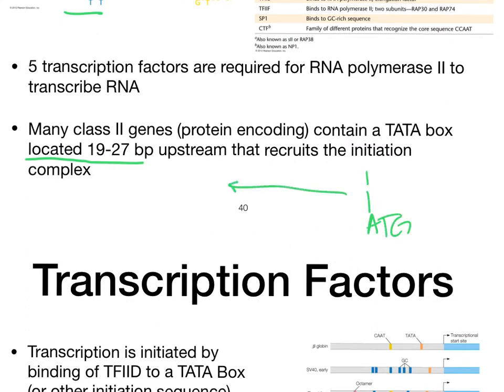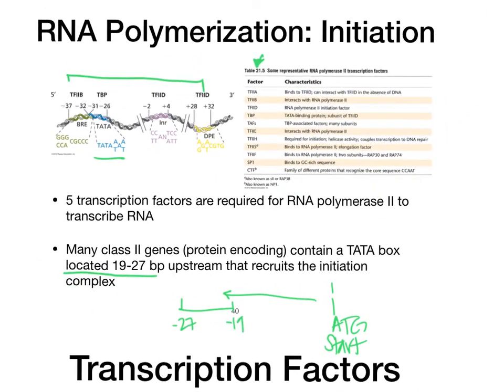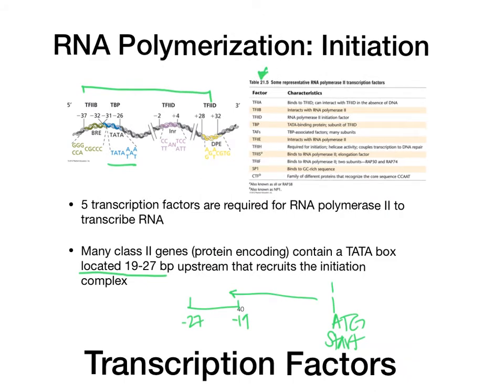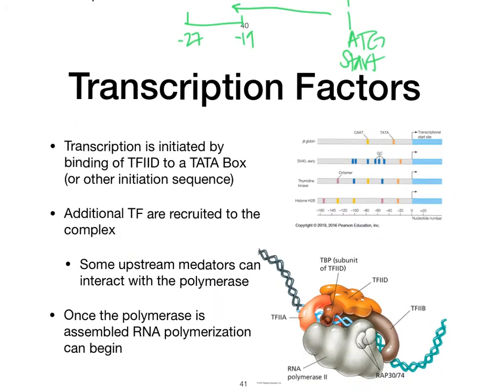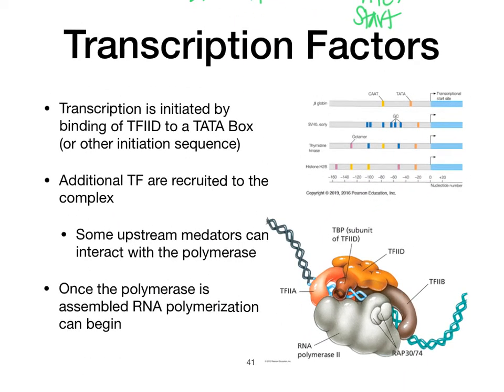This means that it starts somewhere between -19 and -27 bases upstream of the start codon. And so for these protein encoding genes, the TATA box is important for the assembly of the transcription factors. This is really initiated by the TFIID binding to a TATA box or other initiation sequences.